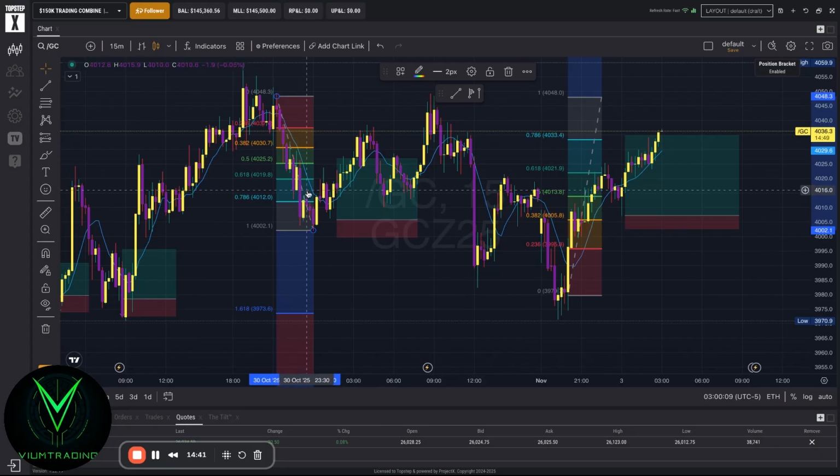You guys can see here, 0.5 Fibonacci. The market literally respected that level. You can see one, almost two, three candles respecting that level. So this is a good understanding.